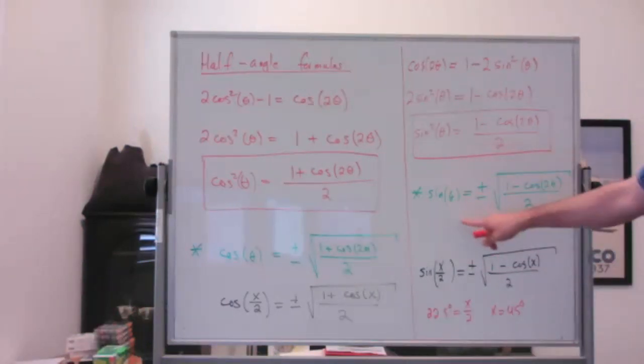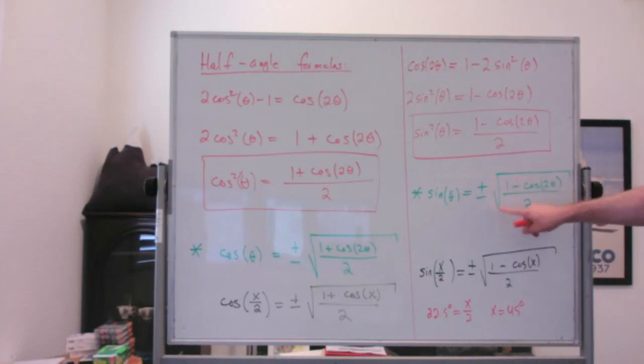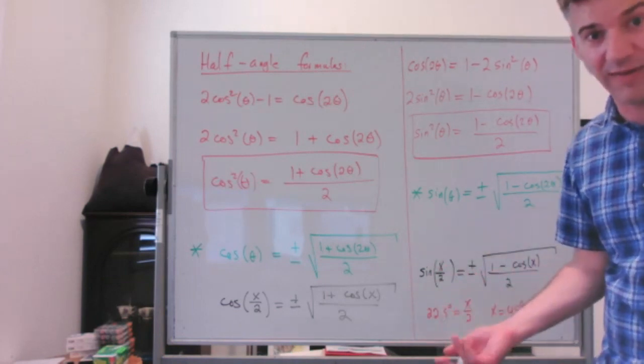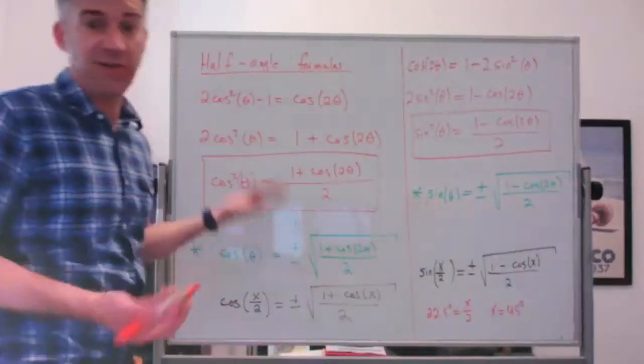I'm just going to say sine of 22.5 degrees is plus or minus the square root of 1 minus cosine of 2 times 22.5 degrees. And then 2 times 22.5 degrees is an angle we know: it's 45 degrees. So that's why I like writing it this way better. It seems to make more sense.